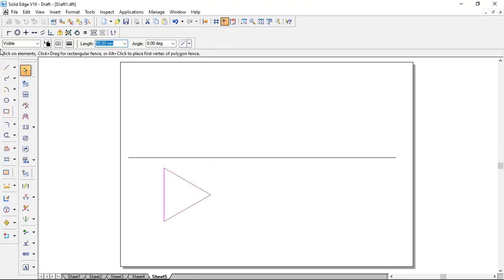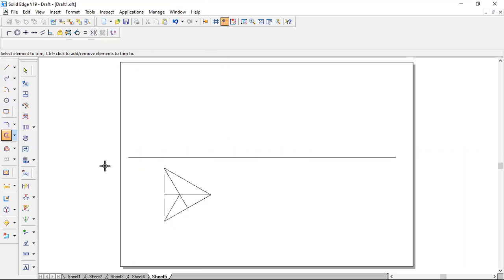Next, we need to find the center of the base. To find the center, draw the perpendicular bisector from the corner to the opposite side. Once you get the perpendicular bisector, from the intersection we need to join to each corner of the triangle. The remaining you can delete.